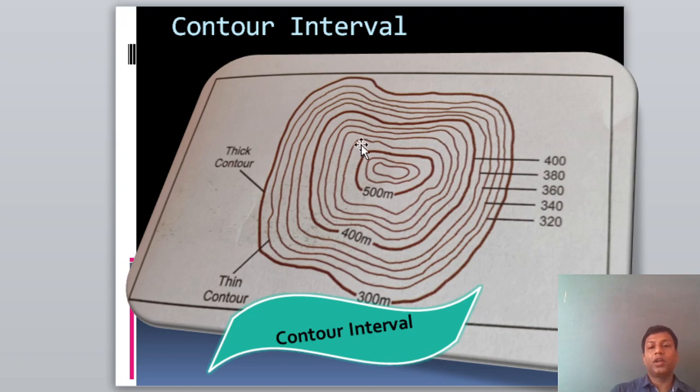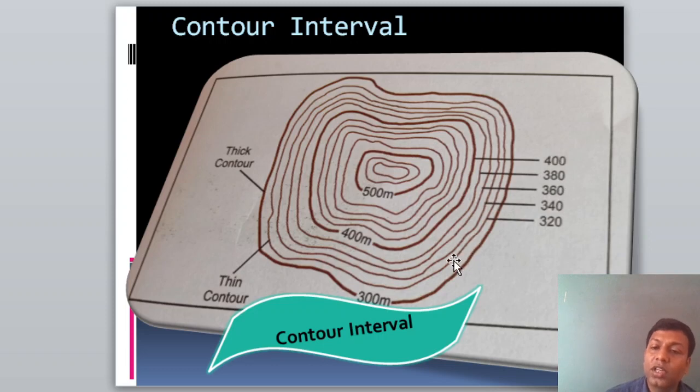Now, this is the figure of contour intervals. Look at the red shade and the brown shade: 300 meter, 400 meter, dark brown 300, 400 and 500 meter. And between these, we have brown color 320, 340, 360 like that.